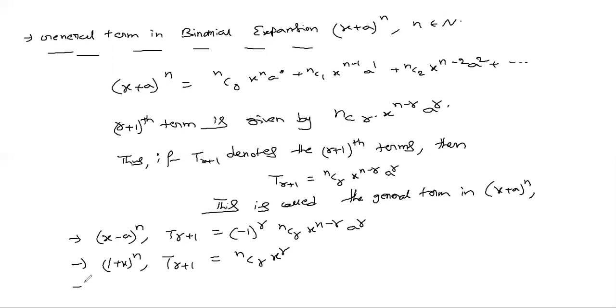What will be the general term for the (1 - x)^n expansion? It is T(r+1), the (r + 1)th term, which will be (-1)^r nCr x^r. I think it is very clear for you.